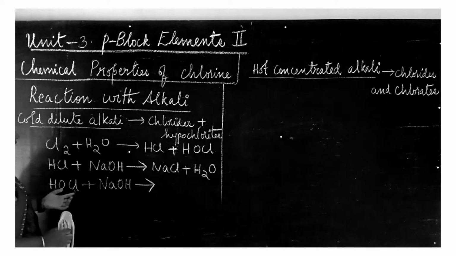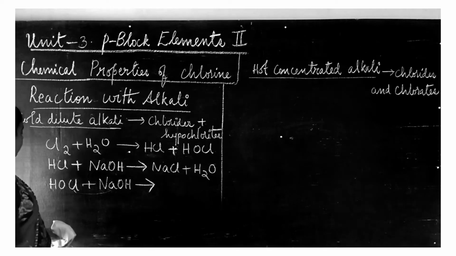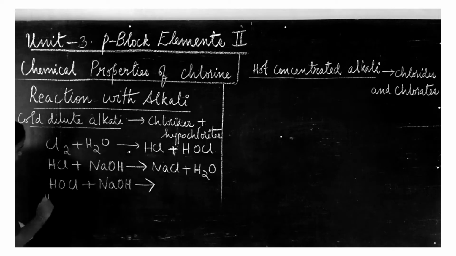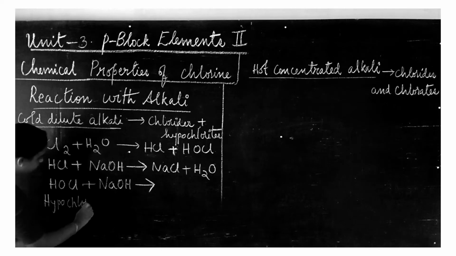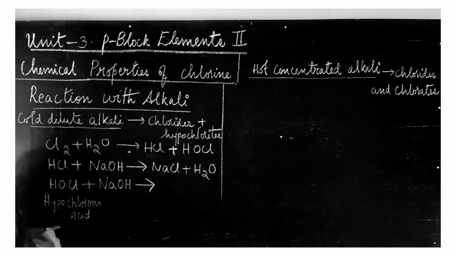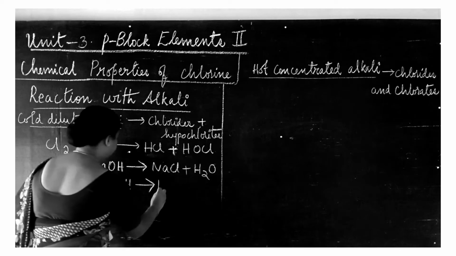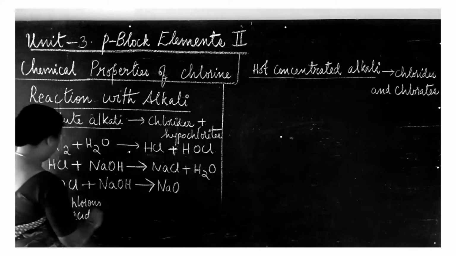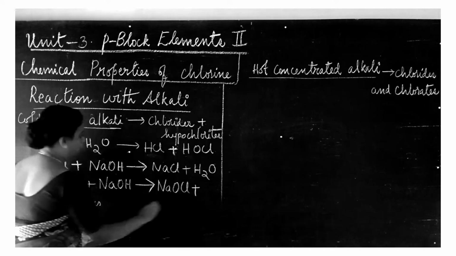Now when HOCl combines with sodium hydroxide: what is HOCl? It is hypochlorous acid. This HOCl, hypochlorous acid, reacts with sodium hydroxide and forms NaOCl plus water.